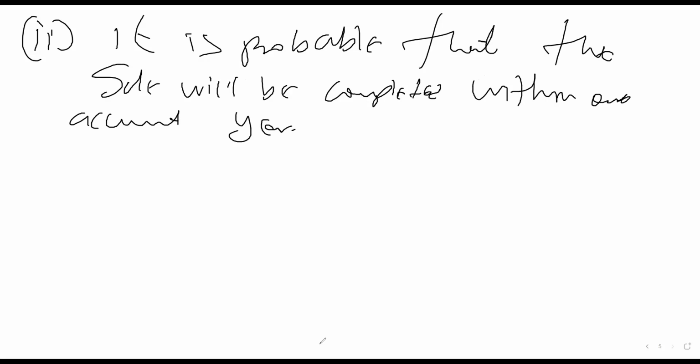Sir, please, does it mean that you can only classify an asset for sale if there's a ready market for it? Okay. So the standard went ahead to give some situations that show that you can sell this asset within one year.